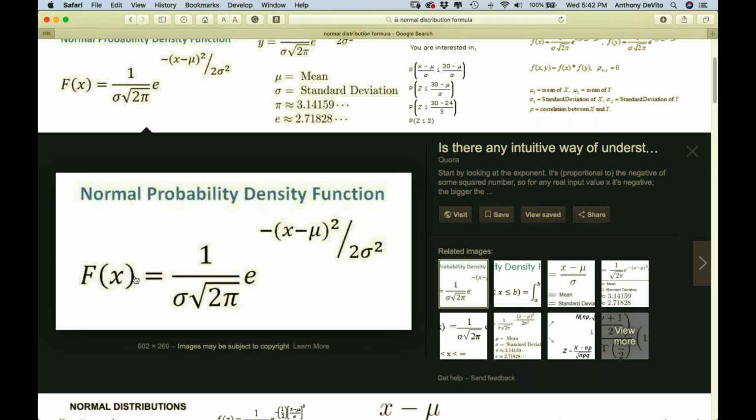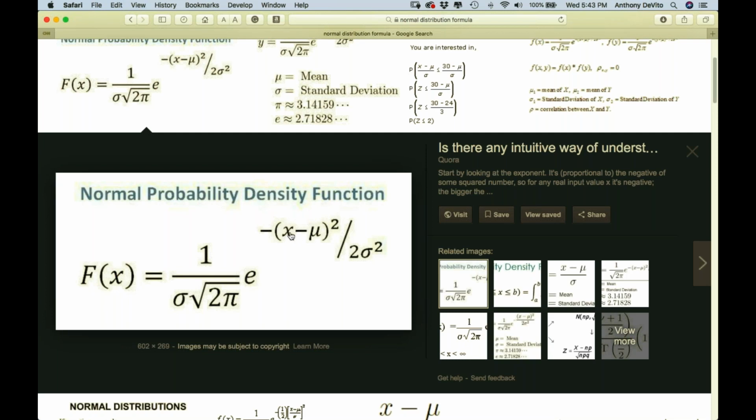So this formula tells us the height of that bell curve is equal to... and let's not worry so much about the complexity of this formula. Let's just look at what that height is determined by. It's determined by the standard deviation, the measure of the spread of the population, and by the mean of the population, and by the value at that point, wherever you want to know the height.